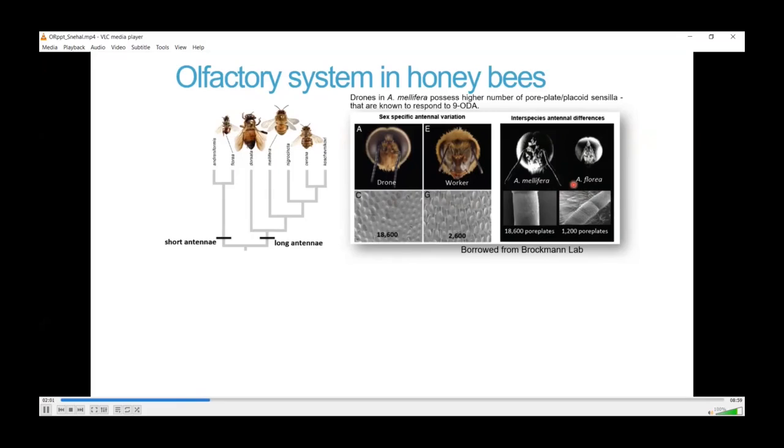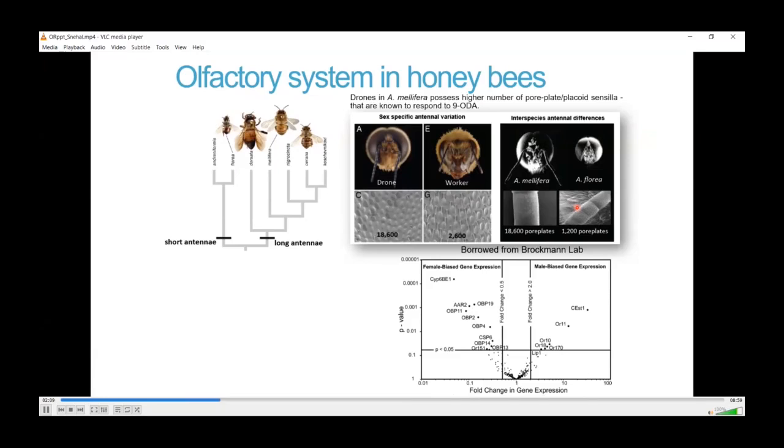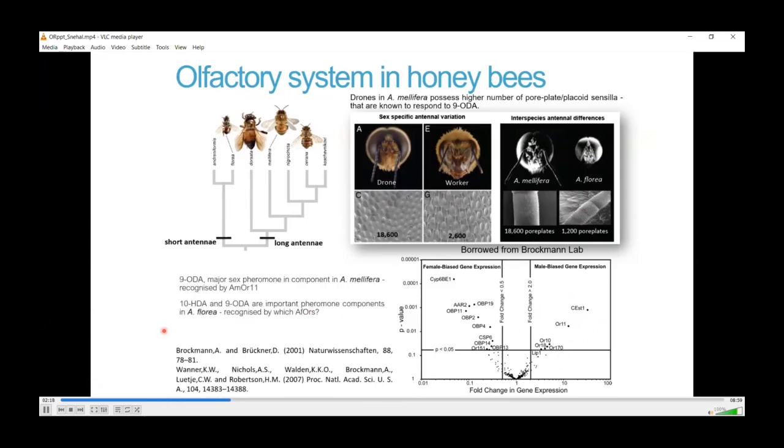So the question was, do they have same number of olfactory receptors, or they may vary a lot across the 2 species? We also knew about few olfactory receptors that were pheromone receptors from Apis mellifera, and we knew about the pheromone components of the 2 bee species, and that they were very similar to each other.